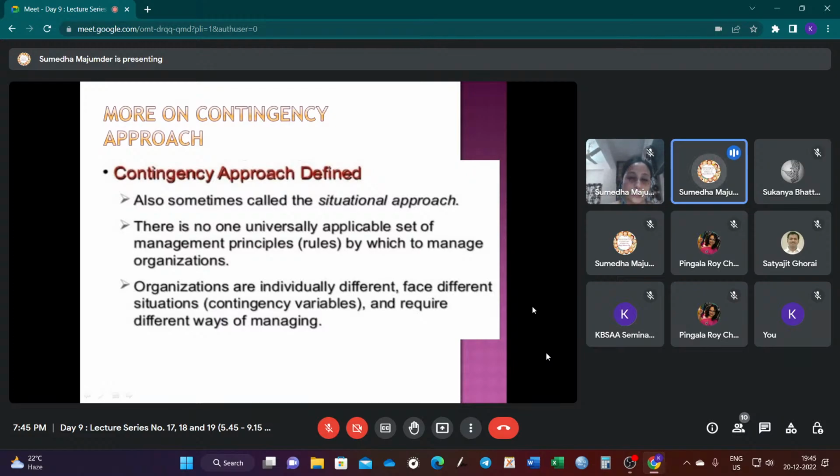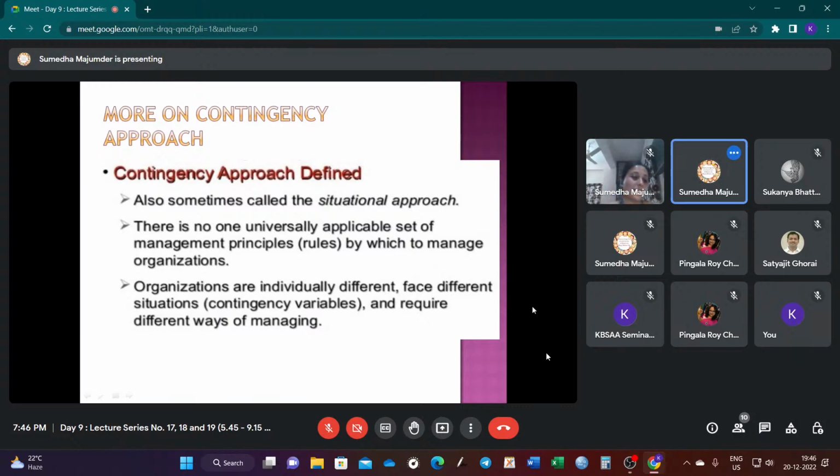Under this situational approach, there is no one universally applicable set of management principles.